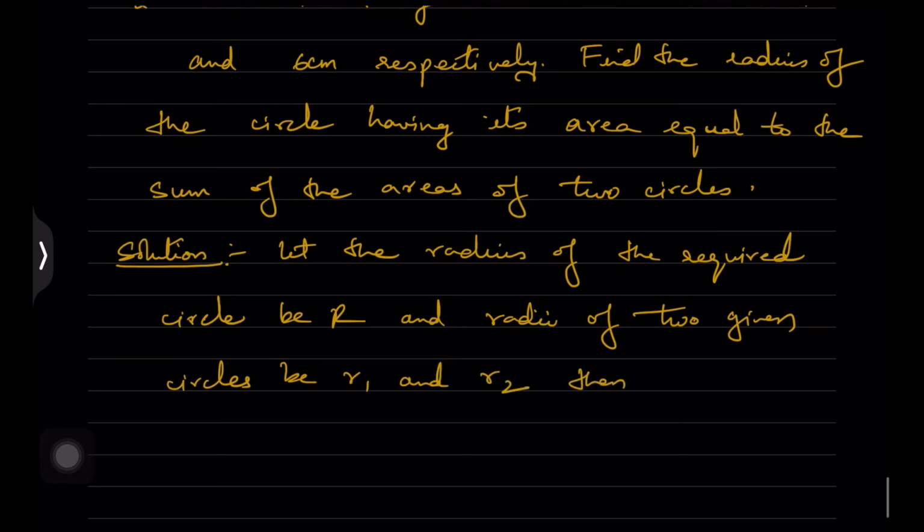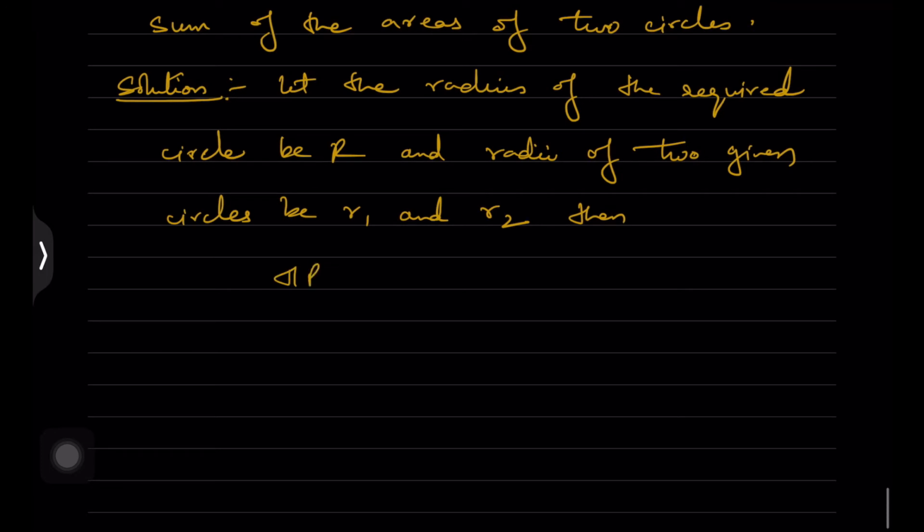Then from the question we have that pi capital R square is equal to pi R1 square plus pi R2 square. The area of the bigger circle is equal to the sum of the areas of the two given circles.